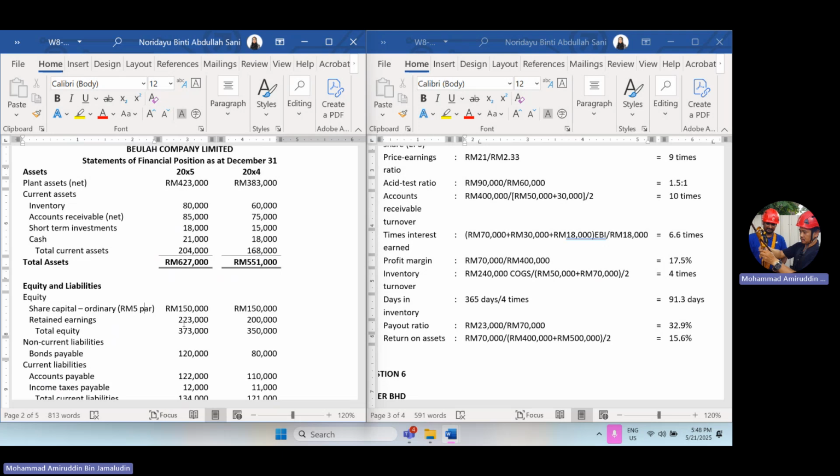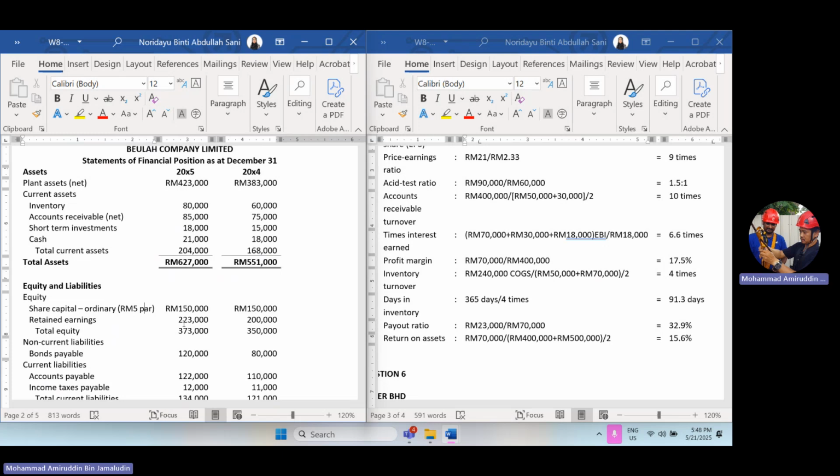Each share is 5 ringgit. I want to find the quantity. Can I get P times Q, right? Price multiplied by quantity. Here the price is 5 ringgit. Quantity I don't know. I have 150,000. Can I find the Q?